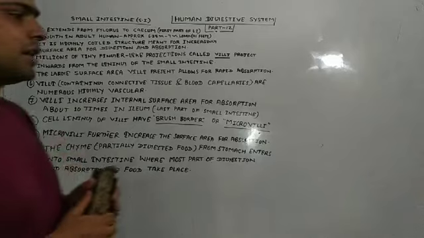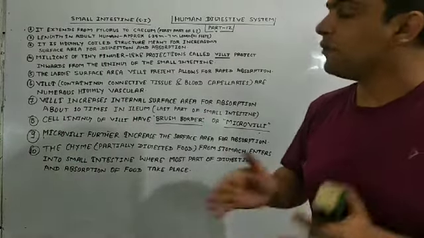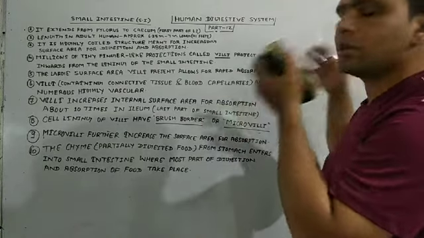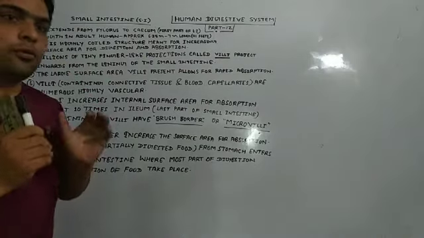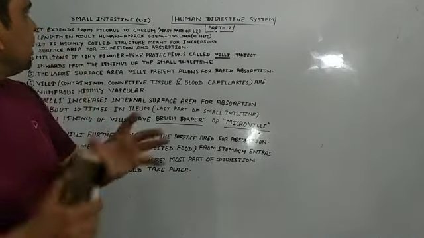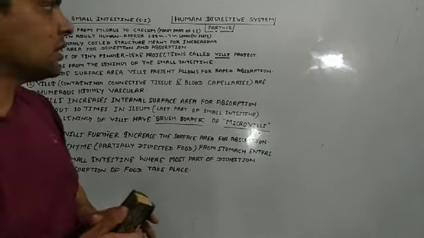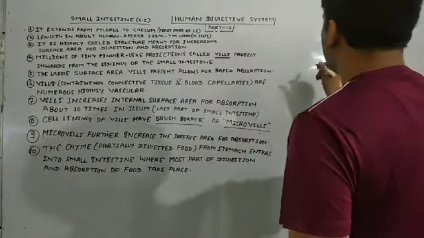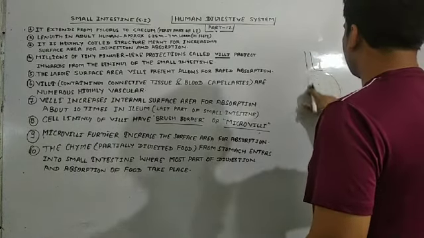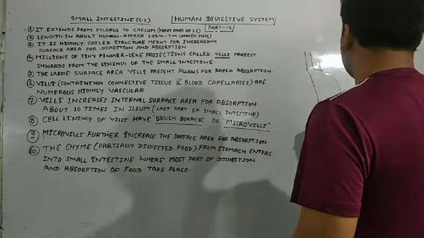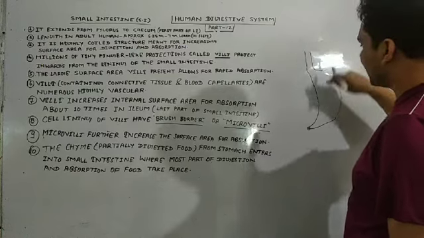You must know, students, we discussed the stomach yesterday, and we know very well that the last part of our stomach is known as the pylorus. I have drawn a rough diagram, and you can see in this diagram that this is the stomach, and this is the esophagus connecting with the stomach.